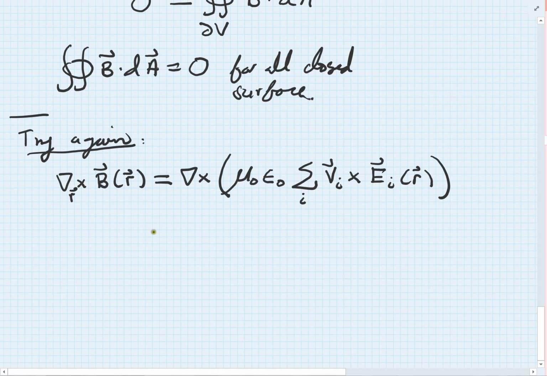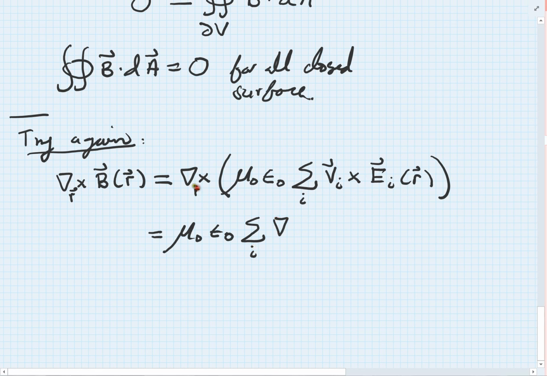Once again, we can factor out the constants, because this is just a derivative of a constant times something. That always gives me the constant times the derivative of the something. And then I will have the derivative, in this case the curl, of a sum of terms. But the derivative of a sum is always equal to the sum of the derivatives of the corresponding terms.